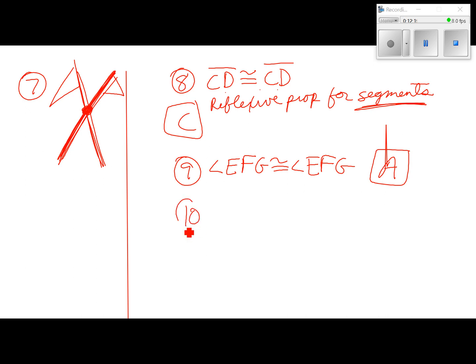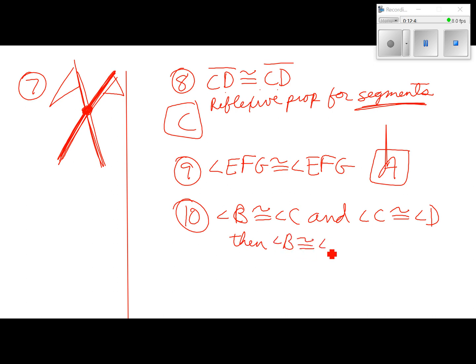Number 10. They tell you that angle B is congruent to angle C, and angle C is congruent to angle D. And from that, we can conclude that angle B has to be congruent to angle D. There's two different properties you could use here.